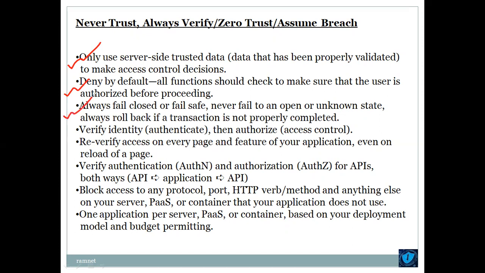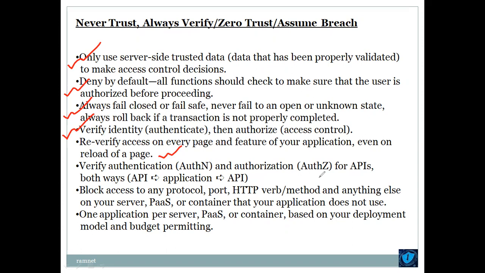These are all applicable for all our e-commerce sites and other things. Verify the identity, that is authenticating, then authorizing, access control. Re-verify the access on every page and feature of your application, even on reloading the page. Oh, beautiful. And verify the authentication and authorization for the APIs, both ways.